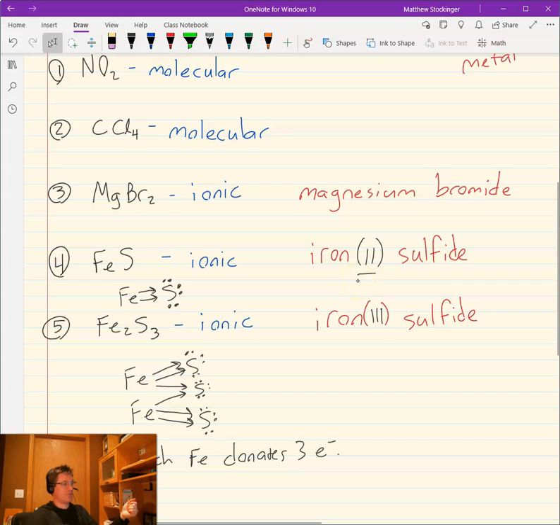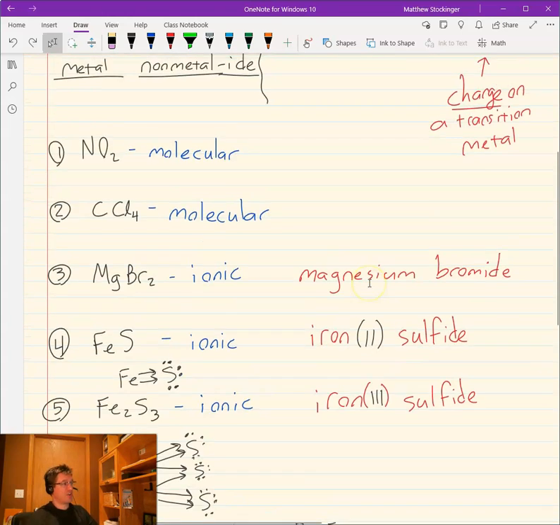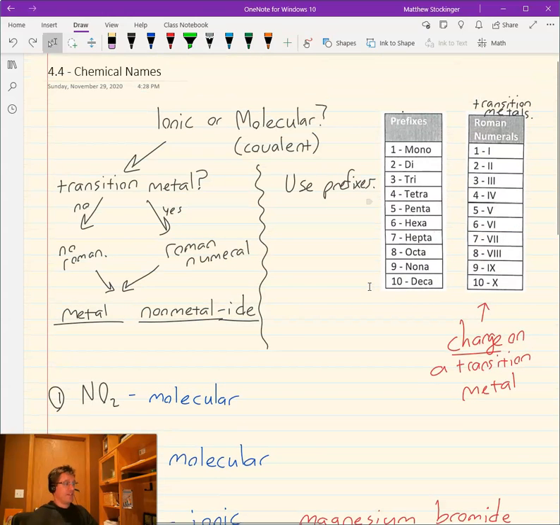This 2 and this 3 is a charge. Well, in covalent, there's no more charges. It's sharing. Okay? Things are a little different in the covalent world. We have to use these prefixes in the name to tell people how many there are of each atom. Use prefixes for subscript values.